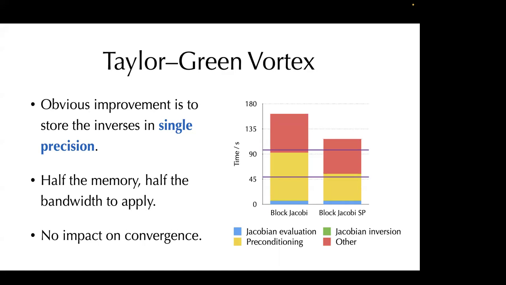This has no appreciable impact on convergence, but greatly improves performance, as you can see in the plot to the right, where the amount of preconditioning time is reduced substantially. It's not quite half, but it's not far off.